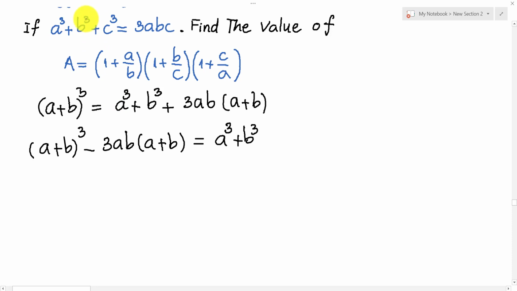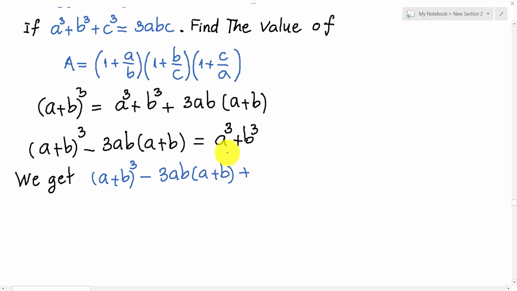Okay, let's see this equation: a power 3 plus b power 3 plus c power 3 equals 3abc. So I replace a power 3 plus b power 3 by this expression. We get (a plus b) power 3 minus 3ab multiplied by (a plus b) plus c power 3 equals 3abc.